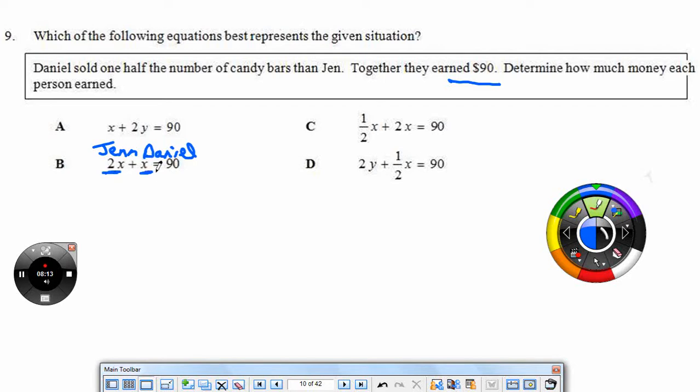Another way of saying it is that whatever Daniel sold, Jen would sell twice as much. You could also do it this way: if Jen was x, then Daniel would be 1/2 x equals 90, and you should be able to solve it that way as well. But this one doesn't have any of those options, and so we would choose this one.